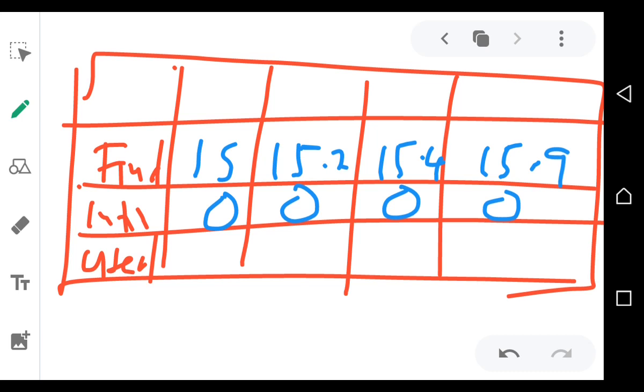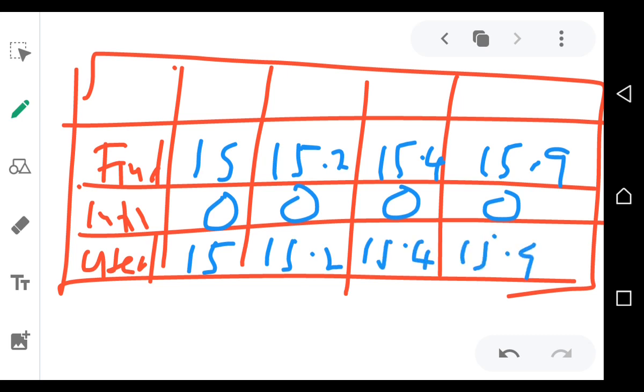You see? So you have used 15 there. If you want, you can use 16 or 17, but the number should be between 15 and 17. When you subtract 0, any number minus 0 is itself. So there it will be 15, there it will be 15.2, there it will be 15.4, there it will be 15.9.